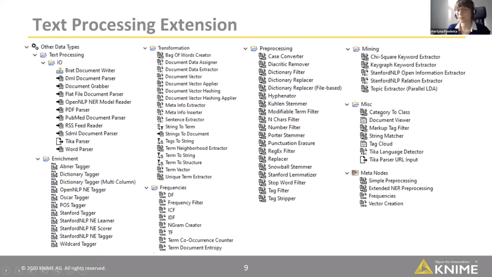And then additionally, we have some nodes that allow you to extract keywords. The node that we will use today is the Topic Extractor that uses the parallel LDA. I will come to that topic later. And then we have some additional nodes where you can create a tag cloud or view the document in a nicer way than only in a table.